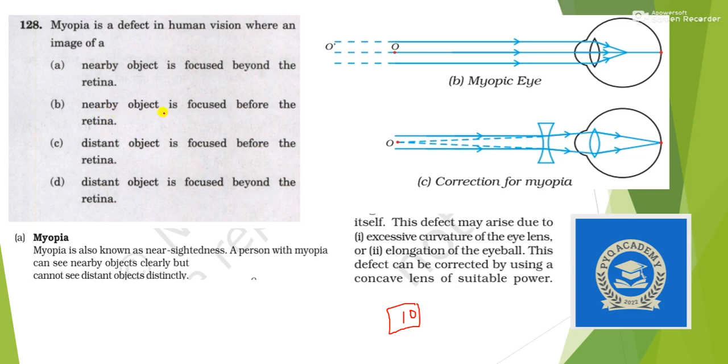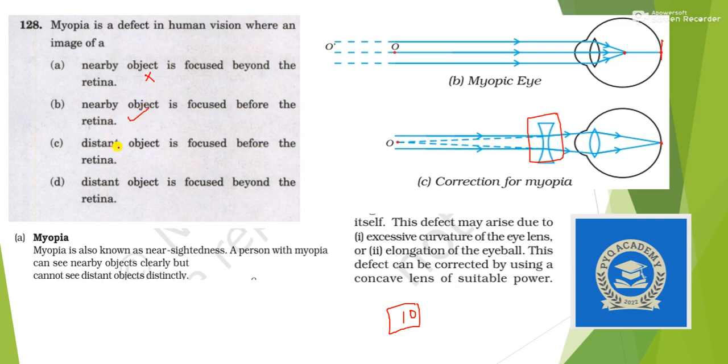You can see this is a myopic eye in which the object is focused before the retina, and by using a concave lens, the focus is shifted onto the retina. So near object is focused beyond retina, no. Nearby object is focused before retina, yes.